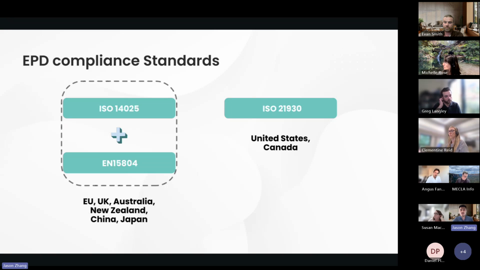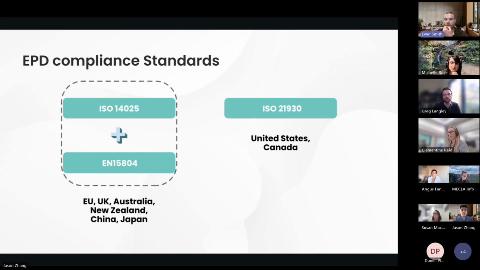The other standard is ISO 21930. This is more the US North American pathway, but be careful when using EPDs. If an EPD follows ISO 21930, it cannot be compared with the Australian or the EU ones.